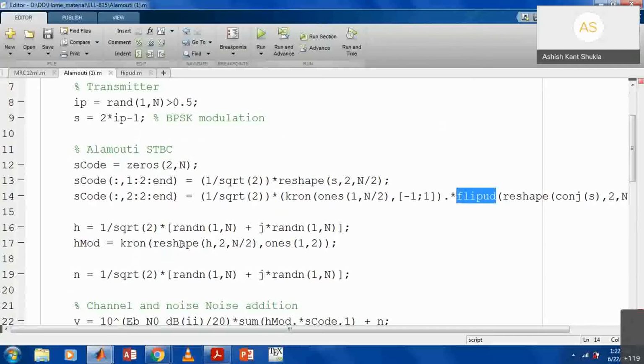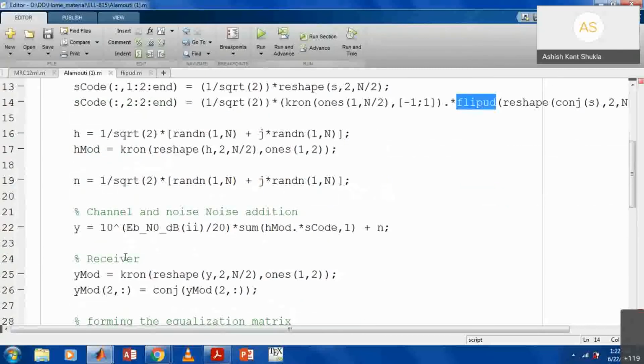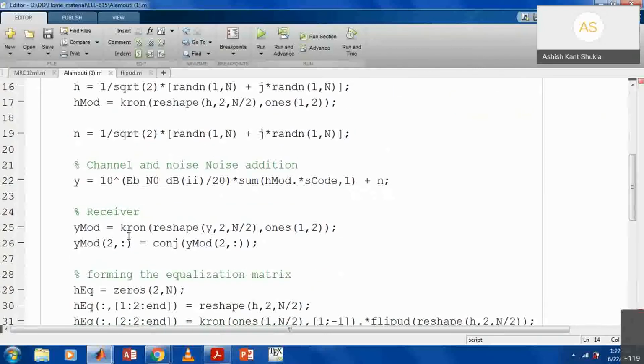You can see your lecture notes, the lecture class where we have used this, on how to find the H mod for the Alamouti code. Then in line 19 we are generating a noise, and then we are transmitting our symbol in line number 22. Similar to 17, line number 25 is finding the Y modulation of your received symbol.